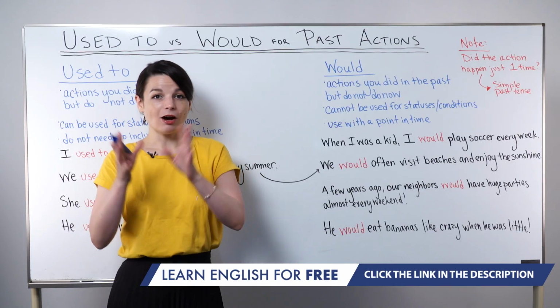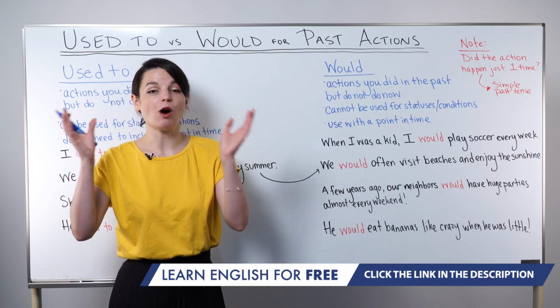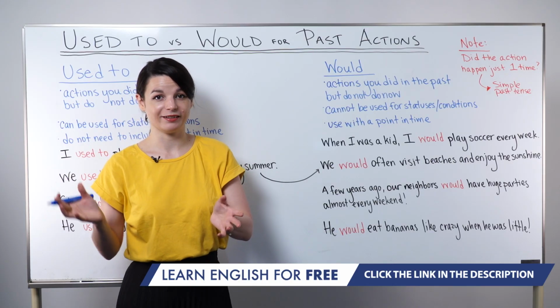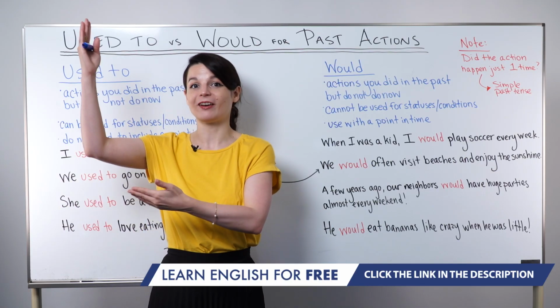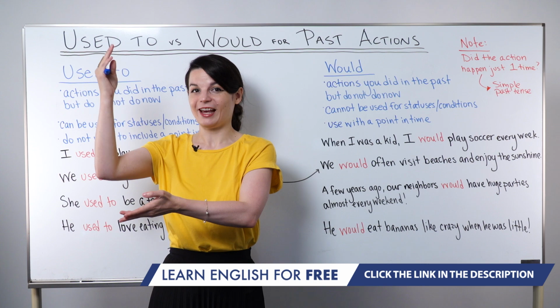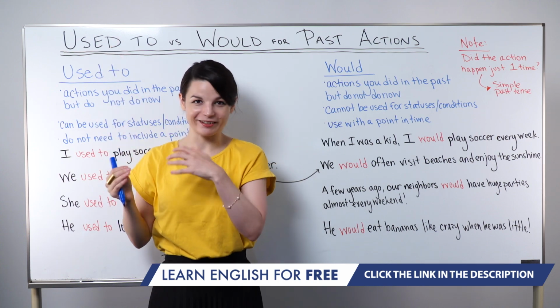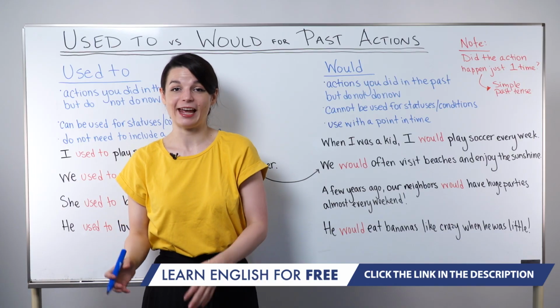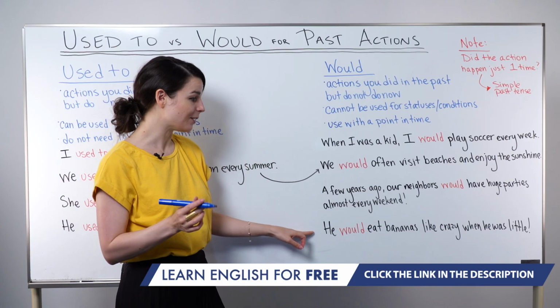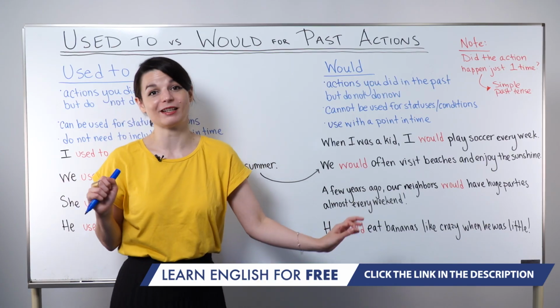So in the context of the conversation, you already know the time period. Maybe you're talking with a parent about one of your friends, and the parent is giving some information about your friend in his elementary school days. And this comment comes out: he would eat bananas like crazy when he was little.